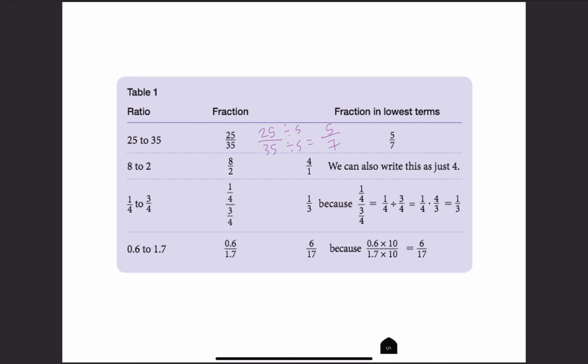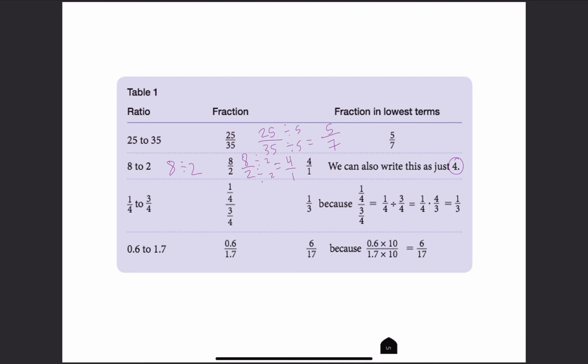One thing that's interesting is if we look at something like the second one, 8 to 2. It reduces to 4 to 1 because 8 and 2 are both divisible by 2, and 8 divided by 2 is 4, and 2 divided by 2 is 1, so 4 to 1. So we can write this as just 4.